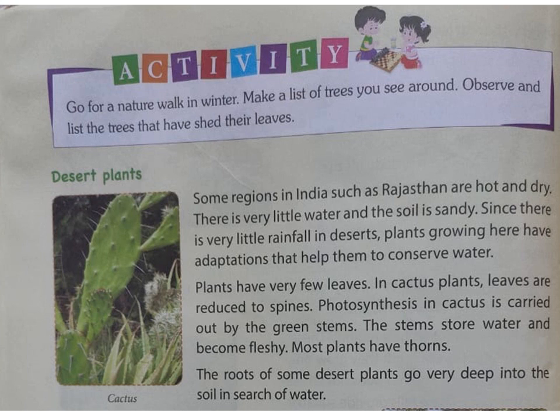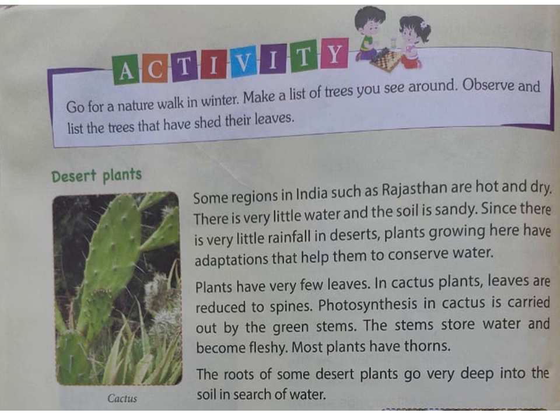You know the Thar desert in India from the social chapter on landforms. There is very little water and the soil is sandy. Since there is very little rainfall in the deserts, plants growing here have adaptations, means adaptive features that help them to conserve water and to survive in bad conditions.